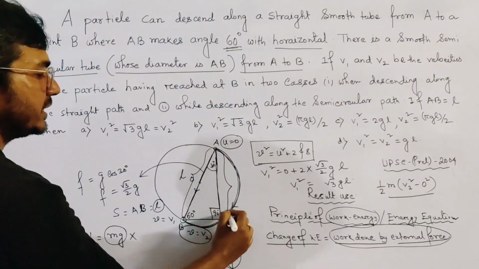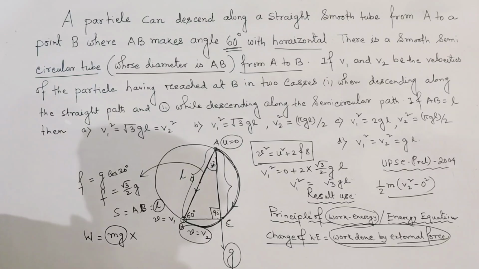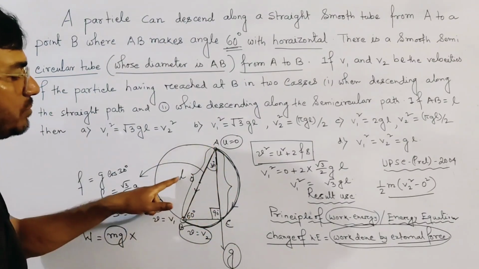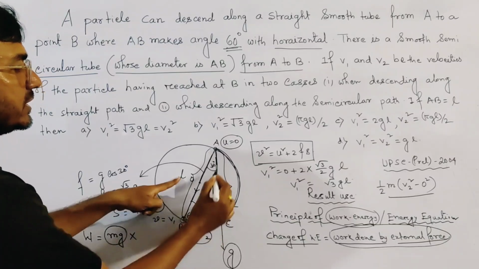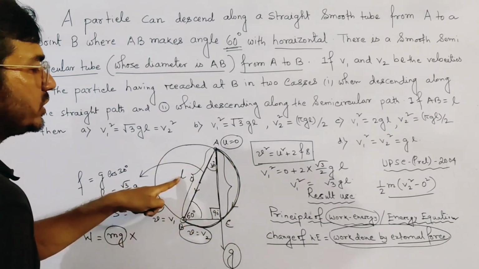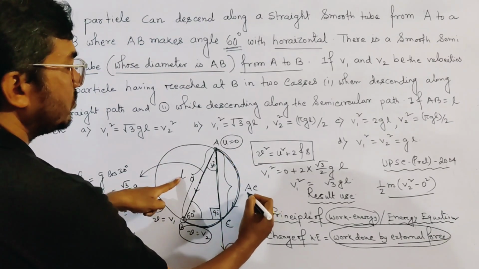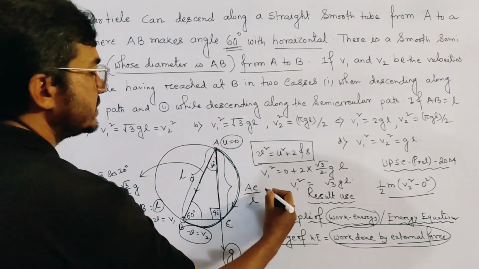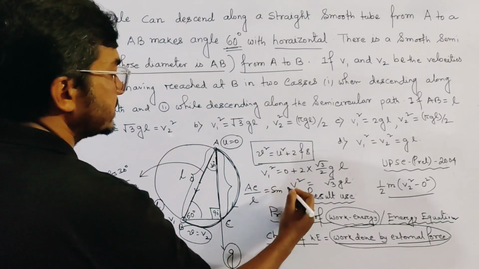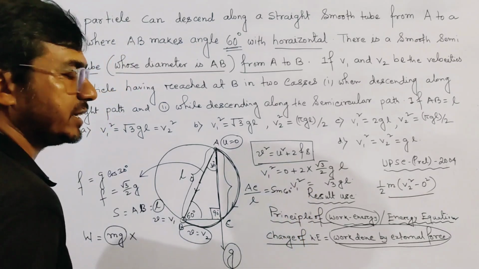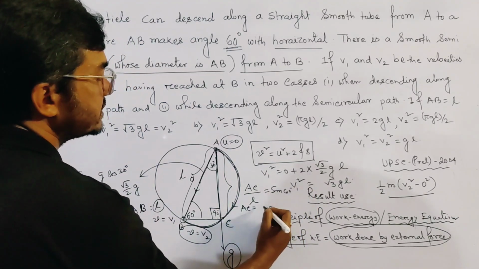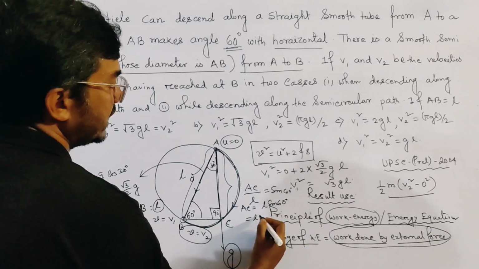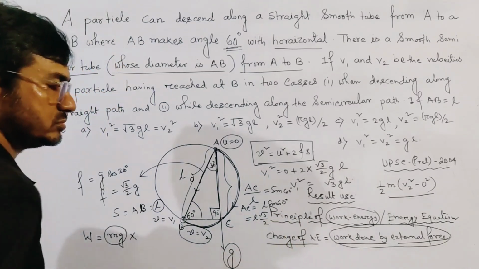The displacement is AC, and from the triangle, where AB is the hypotenuse and AC is the perpendicular for the 60 degree angle, AC by L is sine 60 degree, so AC is L into sine 60 degree, which is L root 3 by 2.